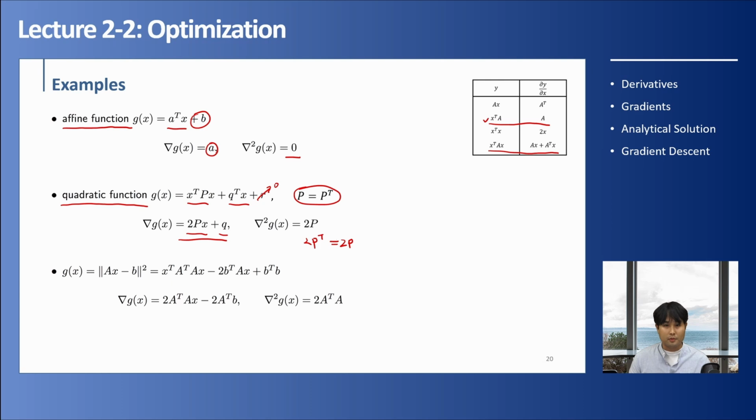Now the final example is when we're looking at the norm. Because we're looking at the norm, please keep in mind that this is actually a scalar value. And you'll probably recognize this form from the overdetermined case in linear algebra. In order to solve for the gradient in this case, we first start off by expanding this equation.